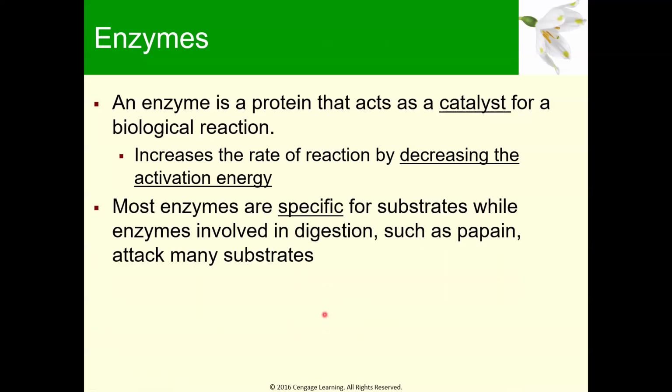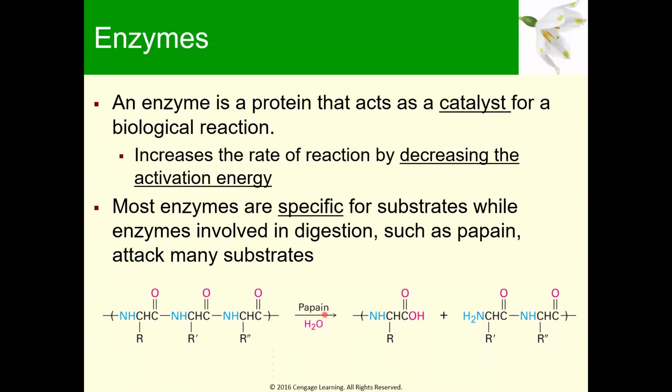The other interesting thing about enzymes is that most of them are very specific to a certain substrate. They will only facilitate this type of reaction in this type of molecule. But there are some that are more general, and the one that's listed there is papain. That's a digestive enzyme, and basically it will clip the amide linkages of any protein indiscriminately.